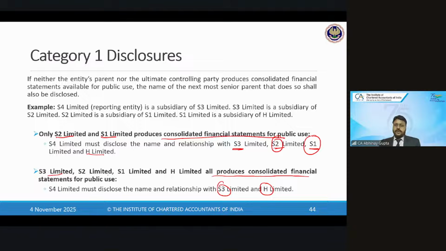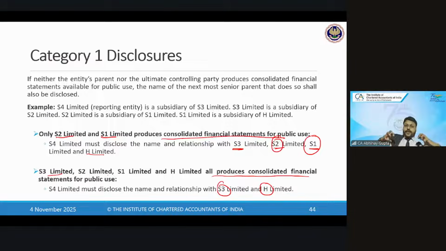Sir, only in 2 cases is it optional: when there is an investment company, and when the intermediate parent has received approval from the minority and other holders, and the ultimate parent is preparing, then consolidation is not needed as per Ind AS 110, I believe.